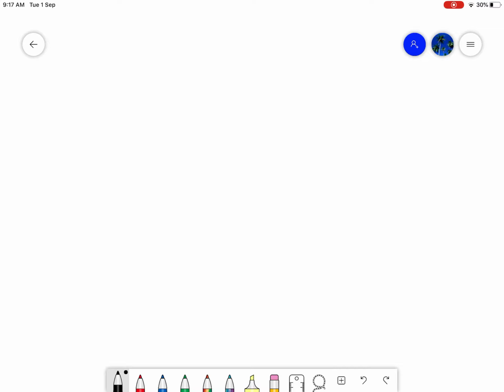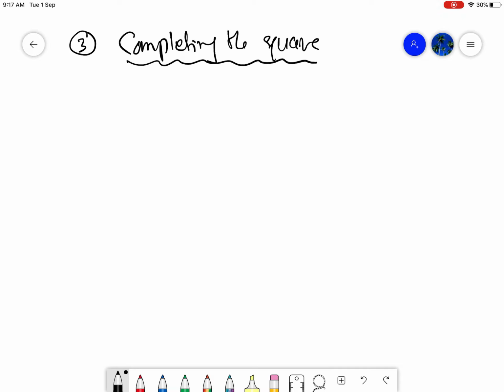But before that, we just need to go through this topic called completing the square, or the completed square form of a quadratic function.